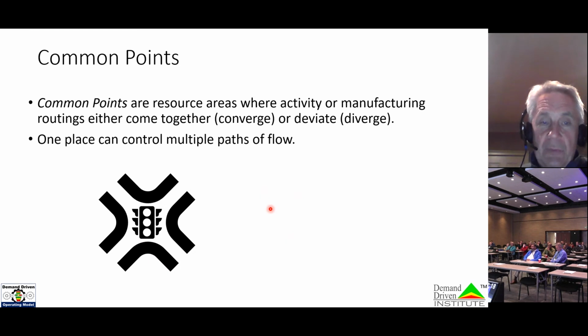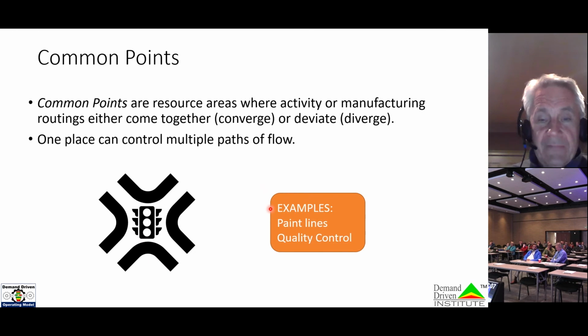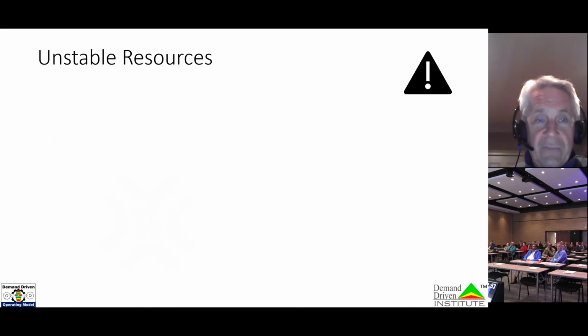And you can create control of multiple paths through a common point. And this may be a point of convergence in many environments. Oftentimes paint lines, quality control, test cells, things like that are places where a number of activities are going to come together. Oftentimes these will also be very good drum category resources or activities within our flow.